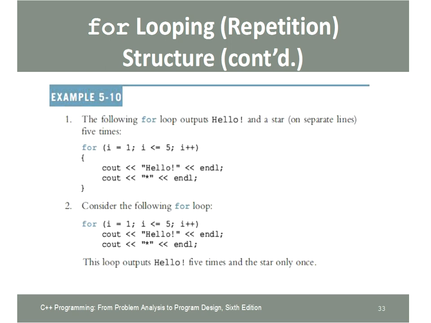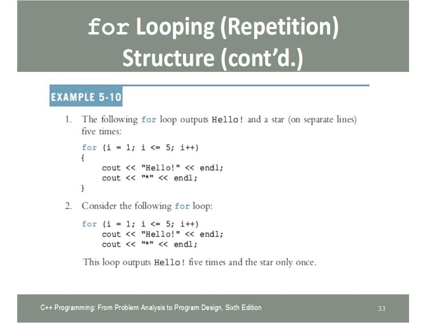So in this particular example, you are outputting hello and the star on a separate line 5 times. And how do we know that it's going to loop around 5 times? Well, I is equal to 1, and the loop will execute while I is 1, 2, 3, 4, and also 5. When I goes to 6, it's going to exit.